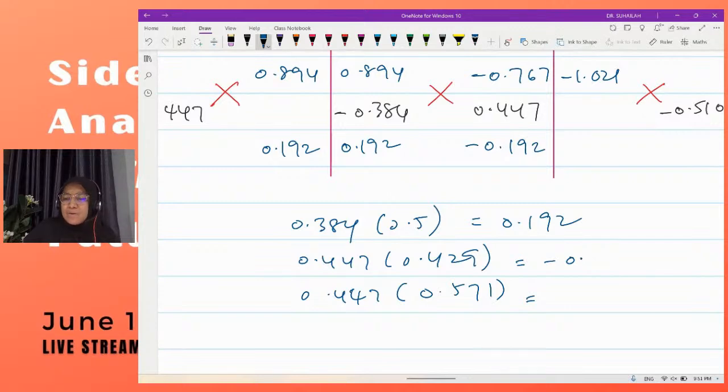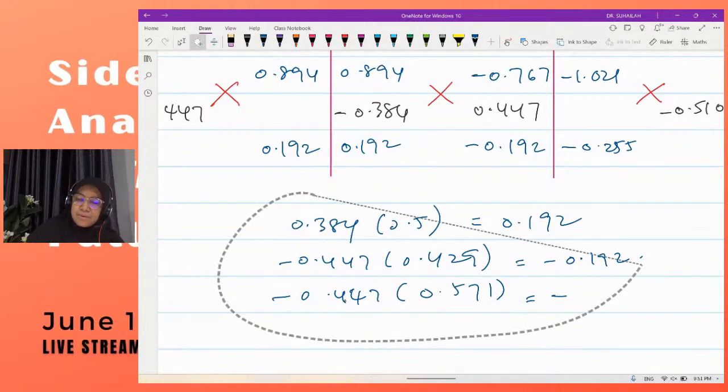Okay, last value. Ni negative 0.192. Okay, last value 0.447 times 0.571. So we get negative 0.255.